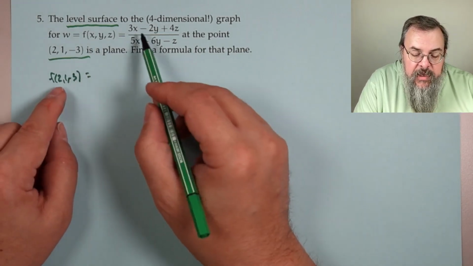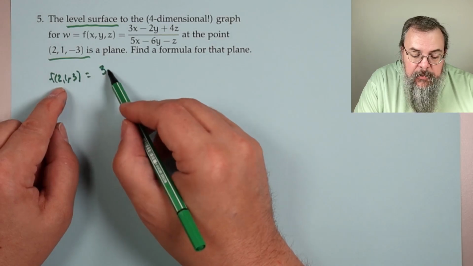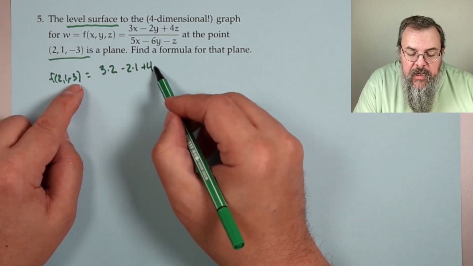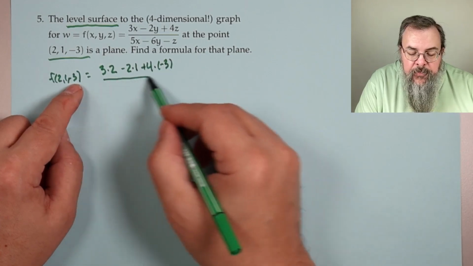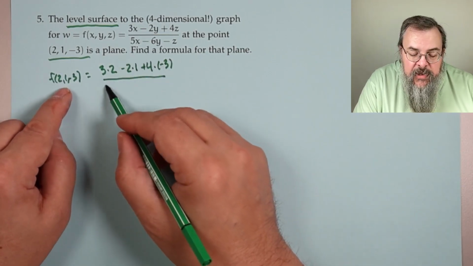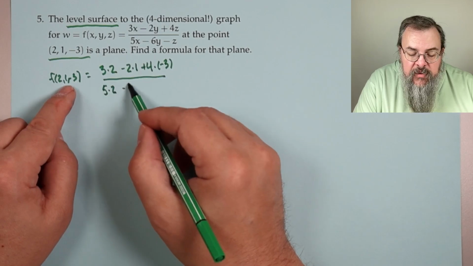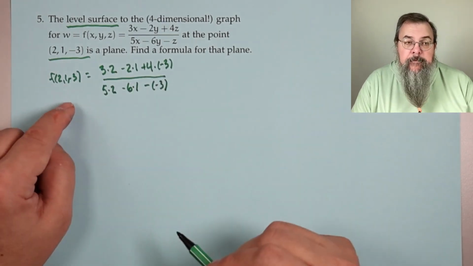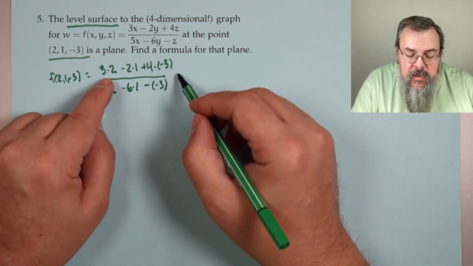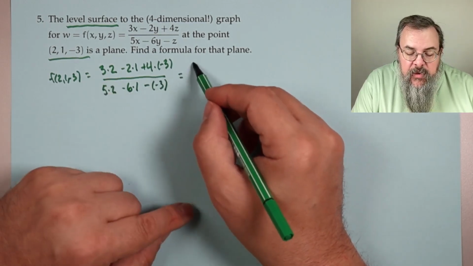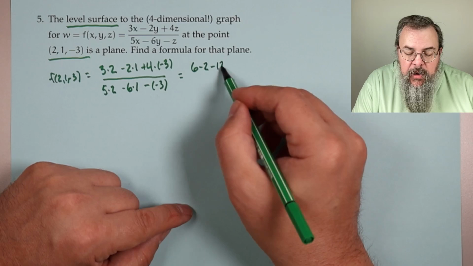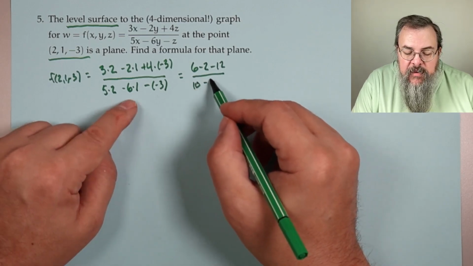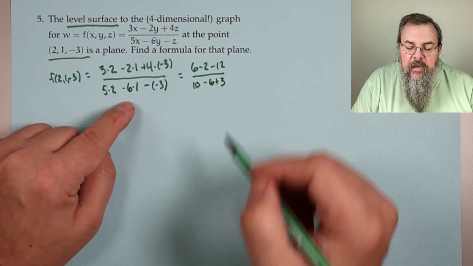Everywhere I see an x, I'll put a 2. So we have 3 times 2 minus 2 times 1 plus 4 times negative 3 upstairs, and downstairs, 5 times 2 minus 6 times 1 minus negative 3. So upstairs we have 6 minus 2 minus 12, and downstairs 10 minus 6 plus 3.